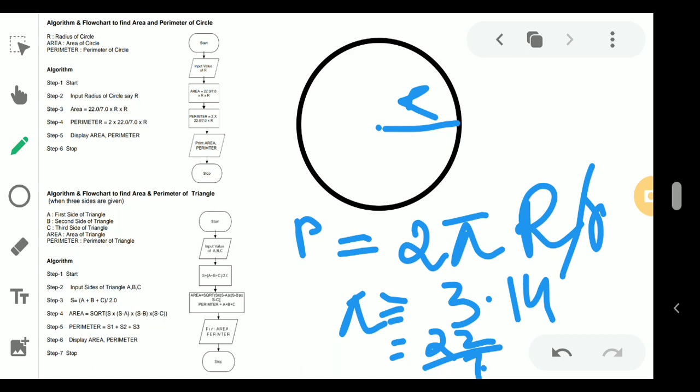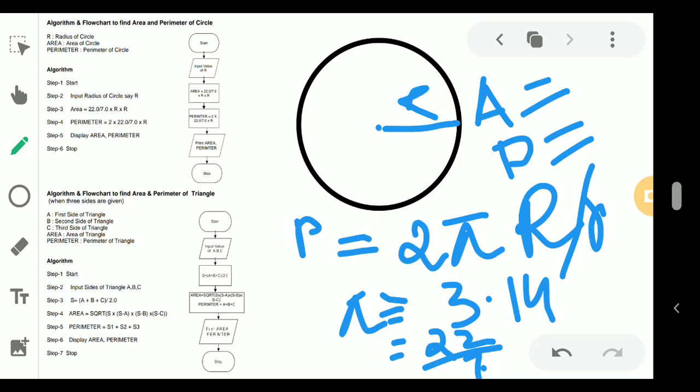Let's start. To store the area and the perimeter, we have to declare some variables. For the area I am declaring the variable a, where I will store the area value, and I will store the perimeter value of the circle in the variable p.